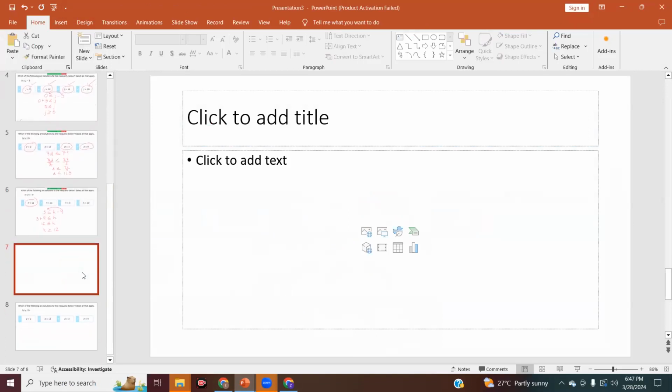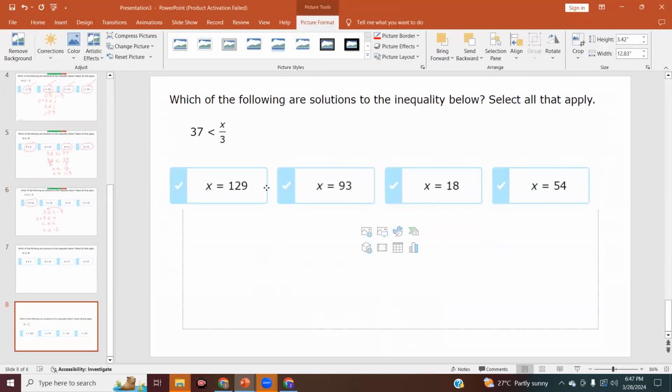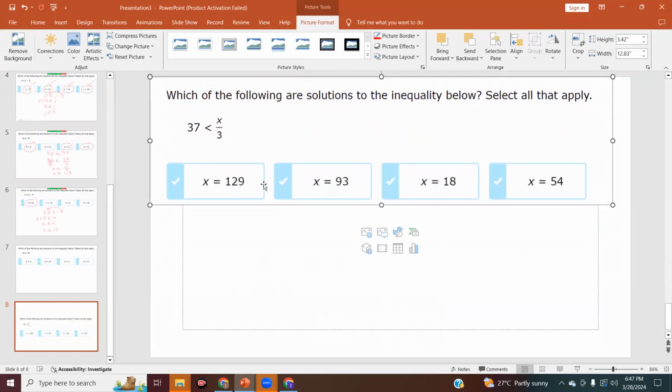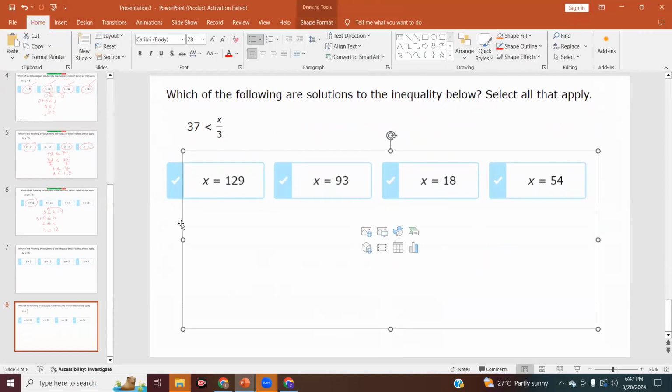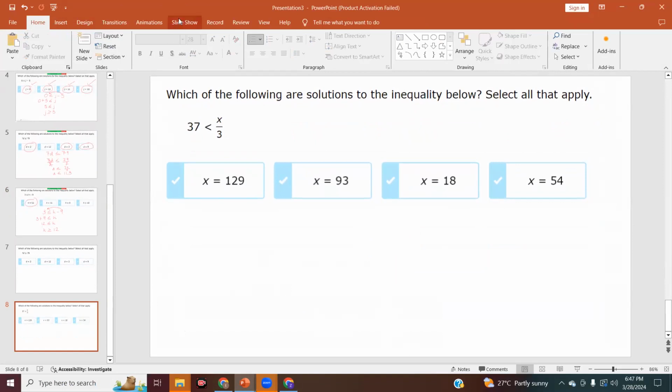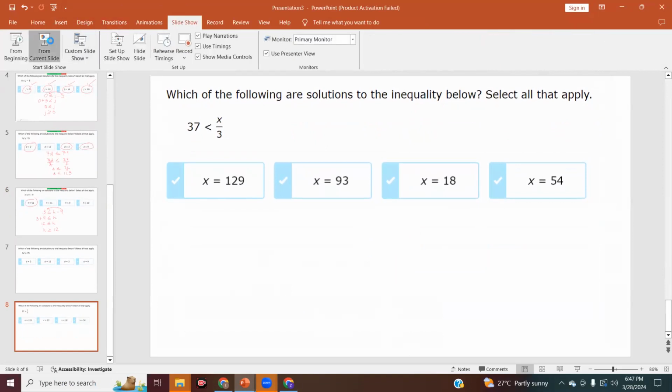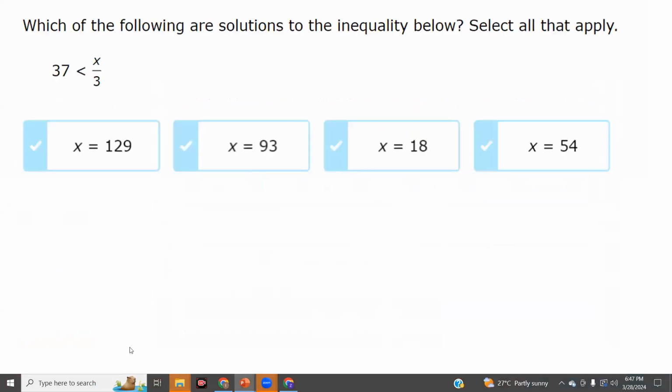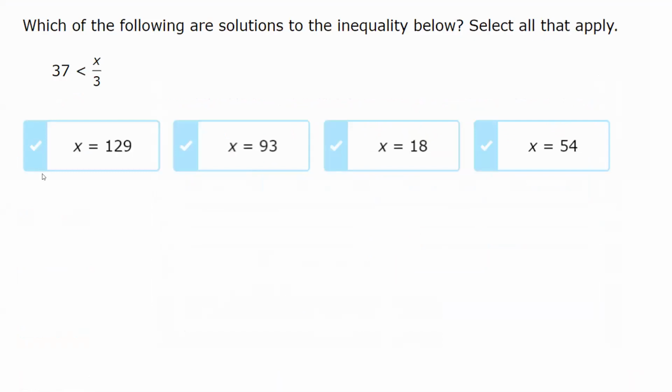Yes, sir. Explain to me what's going to happen for this question. How are we going to solve for x? Are we cross reducing? No. Cross multiplying? You can.